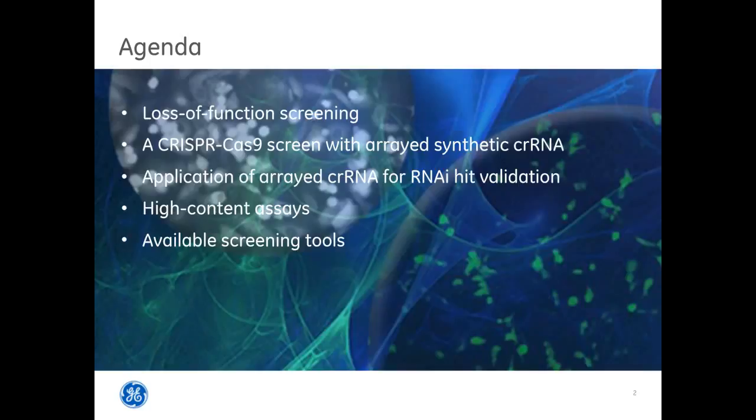I'll then go through an example of how this can be applied for the purpose of RNAi hit validation. And lastly, I'll show you some results from various high-content assays with a sneak peek into a screen that we're currently working on. And then I'll close with a review of the tools that are available for you to do an arrayed CRISPR screen of your own.